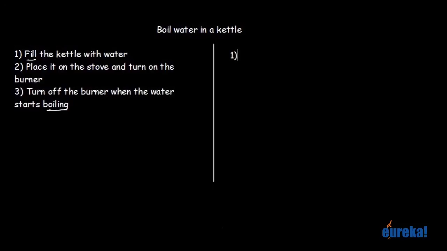Put the kettle under the tap. Now what's the second step? Turn on the tap. The third step will be check if the kettle is filled with water. What do we mean by filled with water? In our case, we'll say 90% of the kettle, then we turn off the tap.